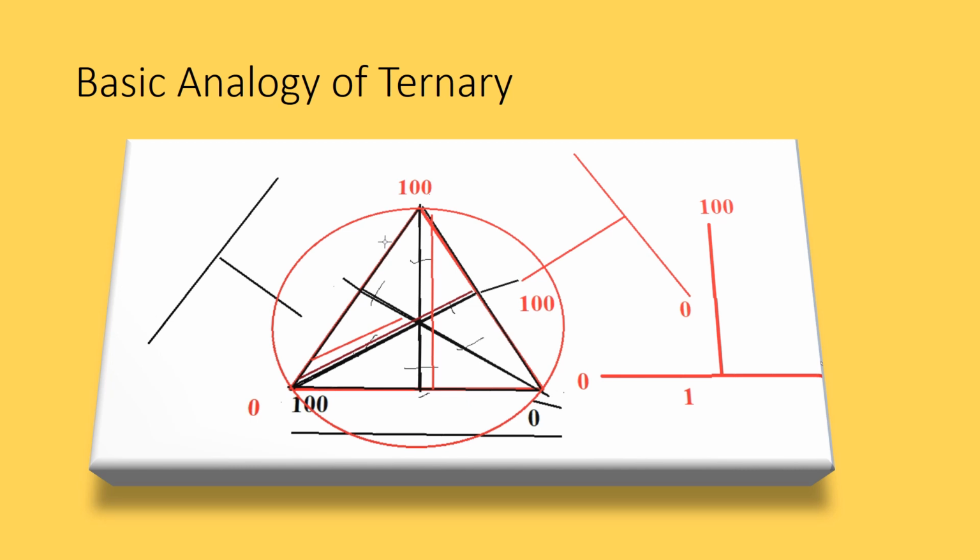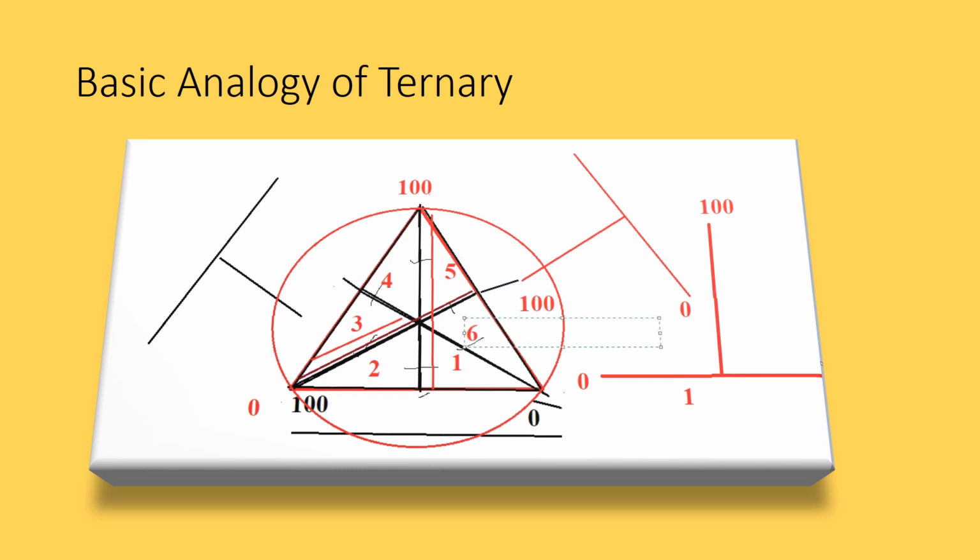This is the basic step and first analogy of any kind of ternary diagram. A ternary diagram can be segmented into 6 parts: the 1st zone, 2nd zone, and we move anti-clockwise, 3rd zone, 4th zone, 5th zone, and 6th zone.